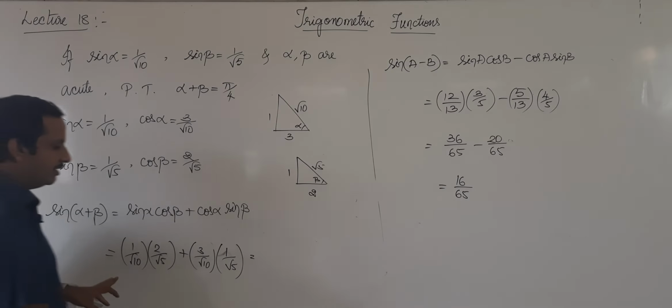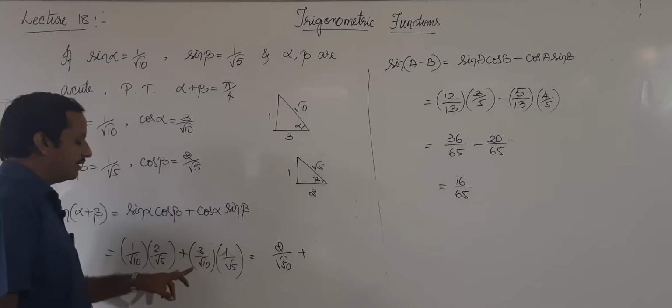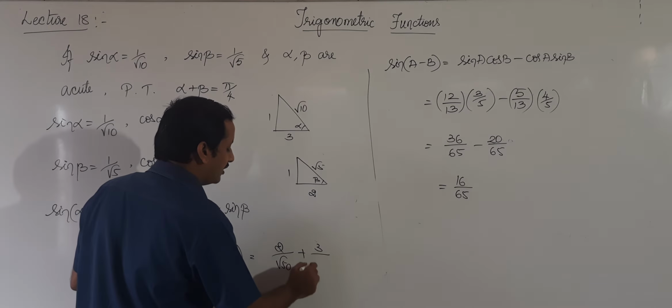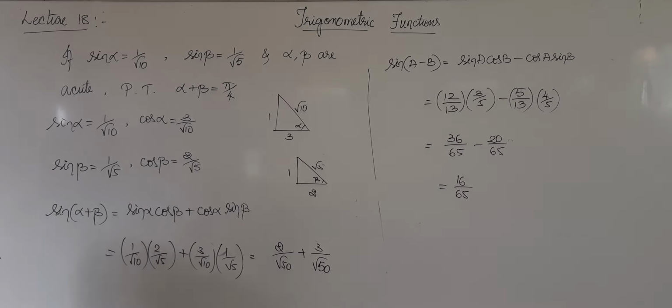That's equal to 2 by root 50 plus 3 by root 50, since root 10 into root 5 gives you root 50.